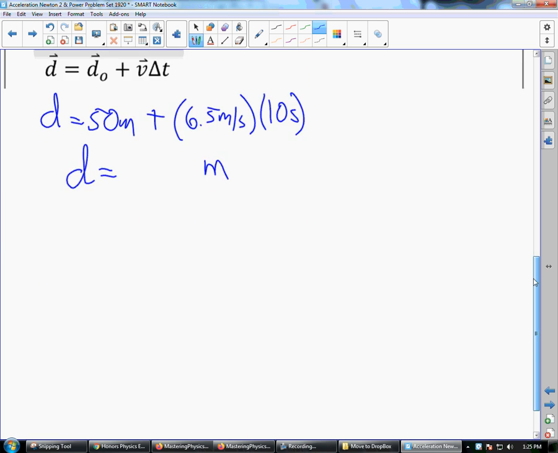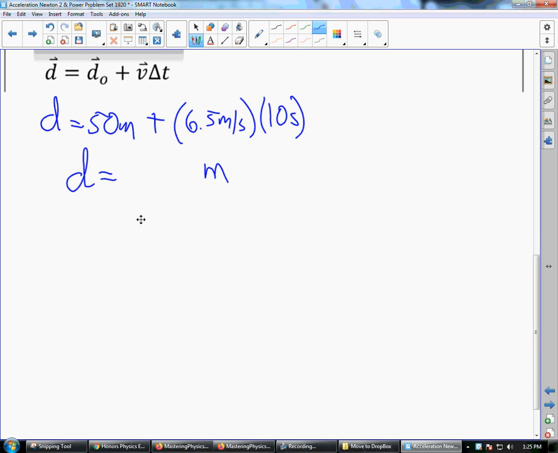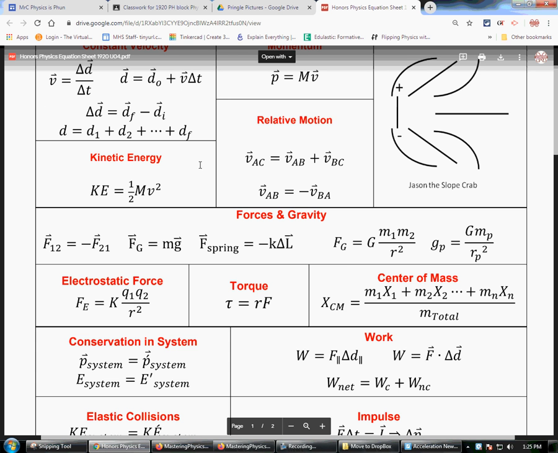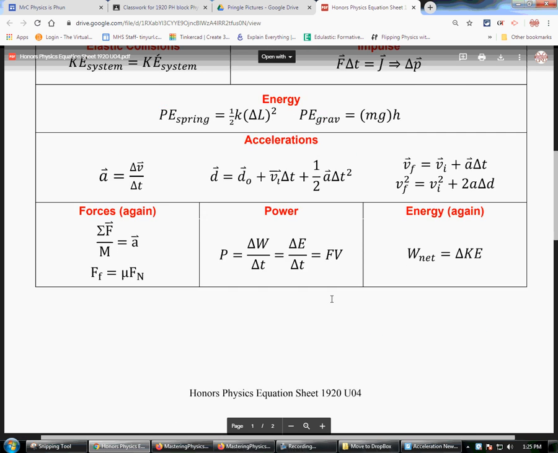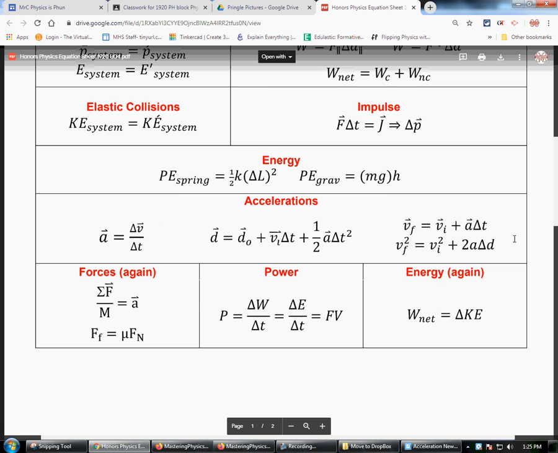So then it wants to know, okay, well that's the same spot that the accelerating one gets to, but the accelerating one's motion isn't described by any of these equations, it's described by these equations down here.